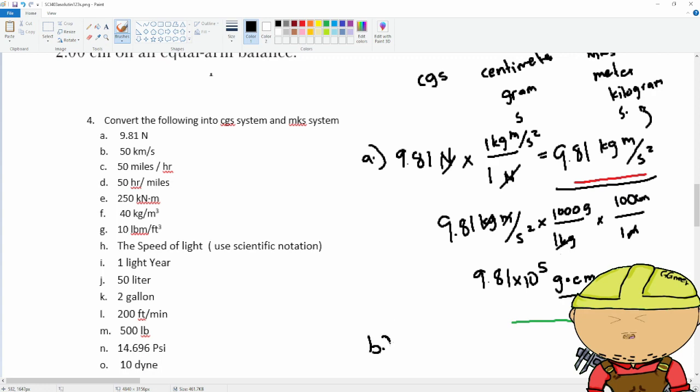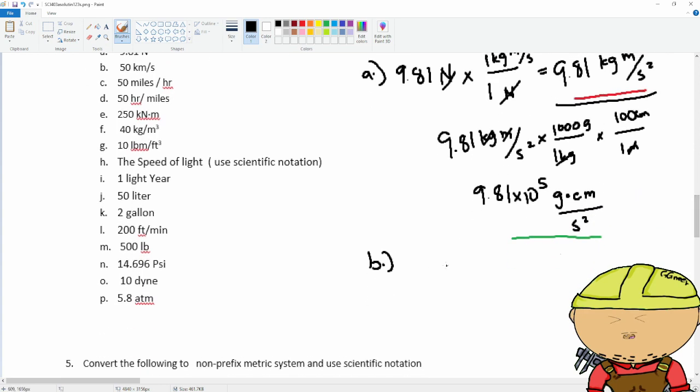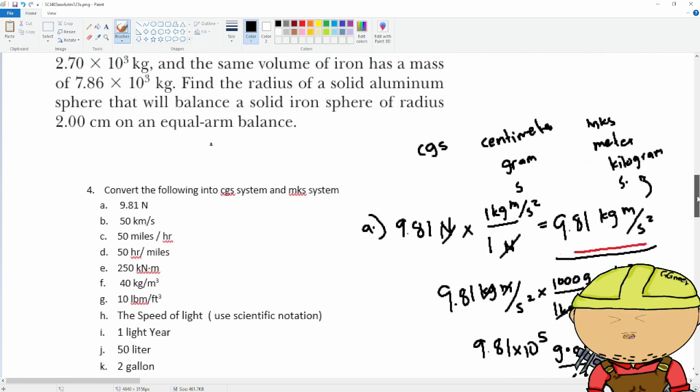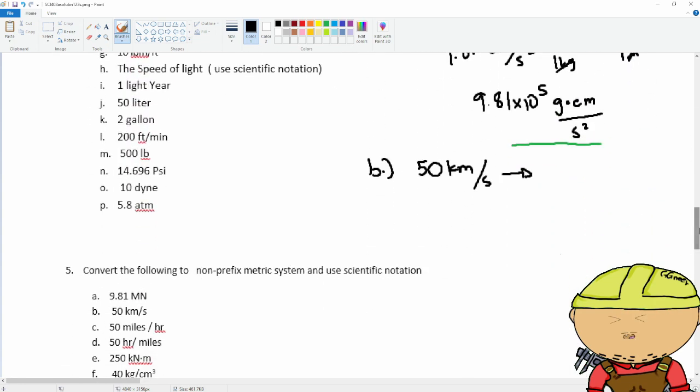Let's go to letter B. We're getting faster. We're gonna be solving this faster and faster. Letter B: 50 kilometers per second. There's no kilometer in our systems, so this is not CGS or MKS.